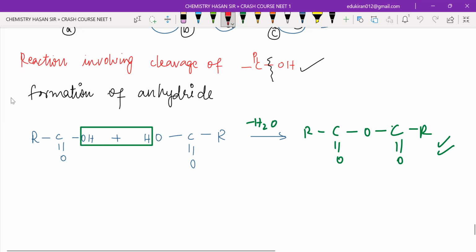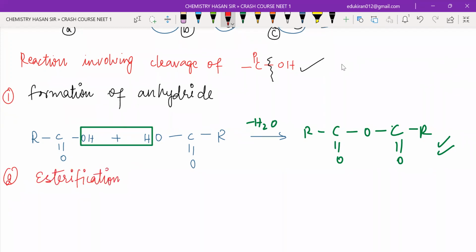After this, the first one is formation of anhydride. The second one is esterification. You know that when carboxylic acid reacts with alcohol in the presence of acid, you will be getting ester plus H2O.